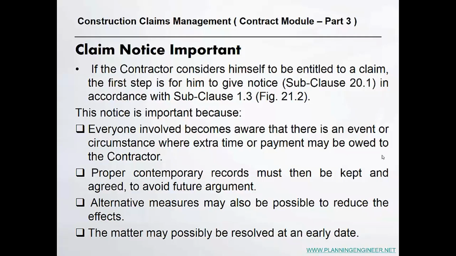The reason they make this claim notice very important is that you are giving a notification and making everyone on the project aware that there is a claim, and they could mitigate any risks associated with this claim, or they could waive the claim itself. And in that case, you showed good intention and you fulfilled your contract.